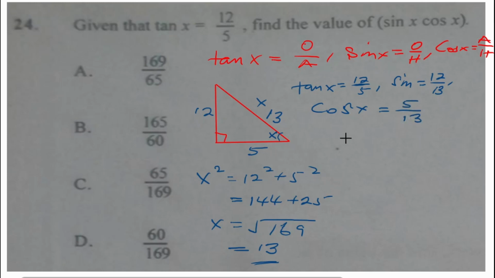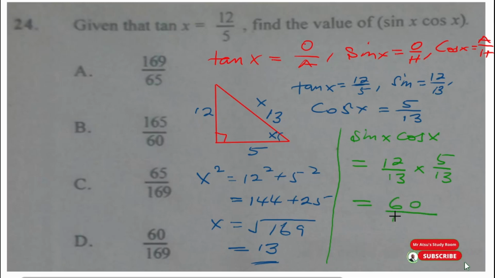Alright, so we're just going to plug this in and the solution becomes our answer. So let's do that quickly. Sine x cos x is the same as sine x times cos x. So that becomes sine x, 12 over 13, times cos x, 5 over 13, and that will be 60 over 169. And looking through the options, that is option D.